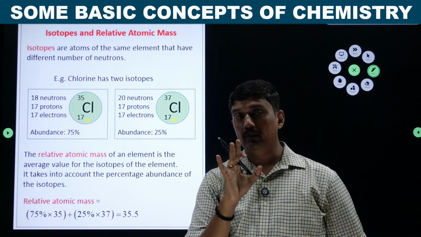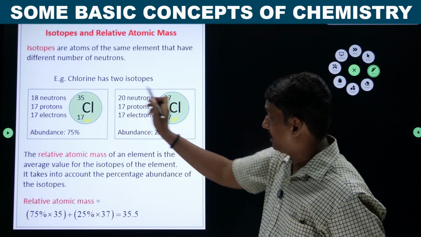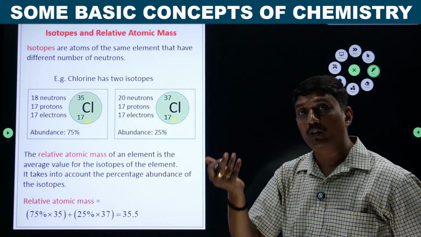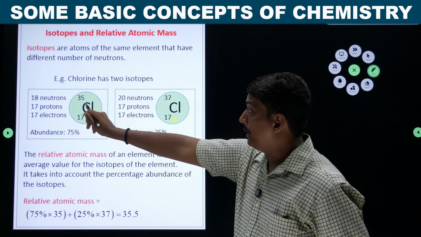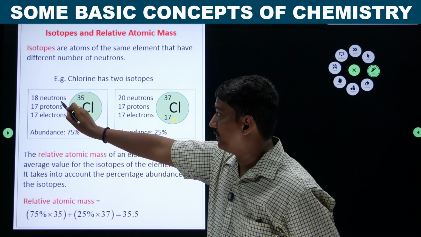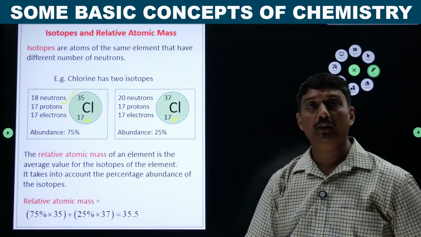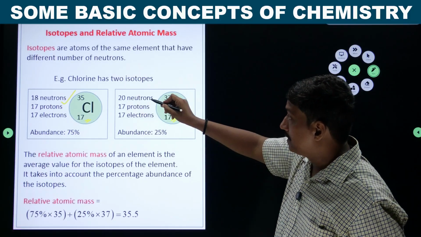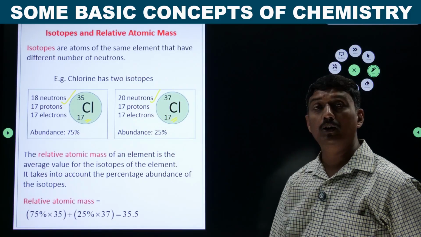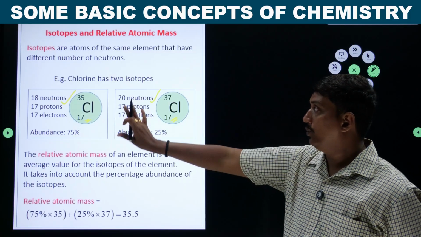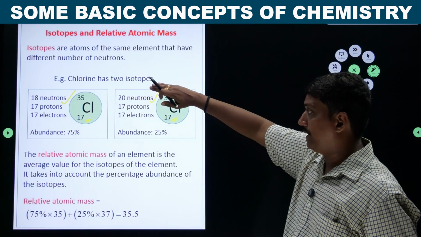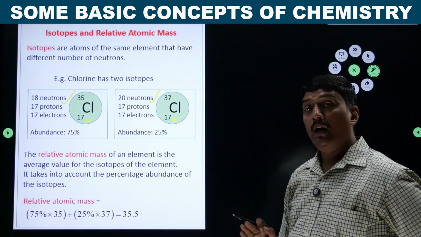They differ only in the mass number. So mass number is changing. This is 35, this is 37. What is the reason for the change in the mass number? The number of neutrons changes. In the case of 35, the number of neutrons is 18. Here two neutrons are added up, it is equal to 20. Now mass number is different between the two.